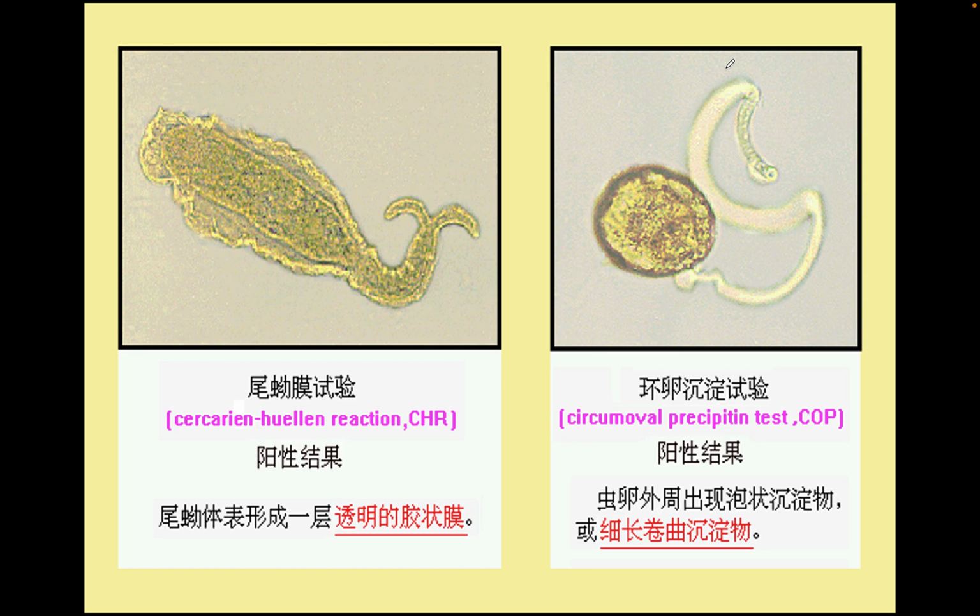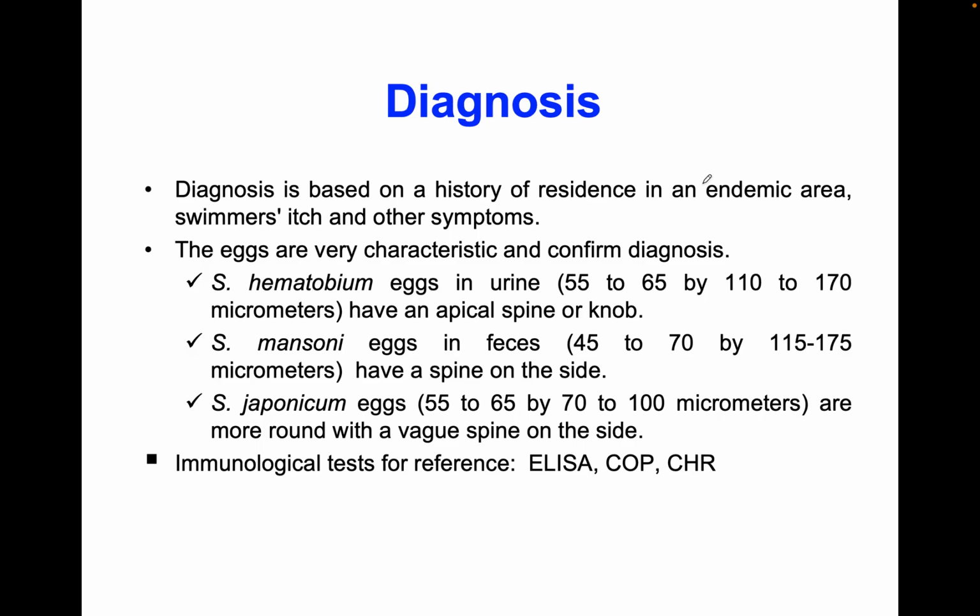After some time, under the microscope, you can observe there's some reaction, and a layer of material forming outside the eggs. This is a test using the eggs. It's called the COP. So these are the immunological tests.